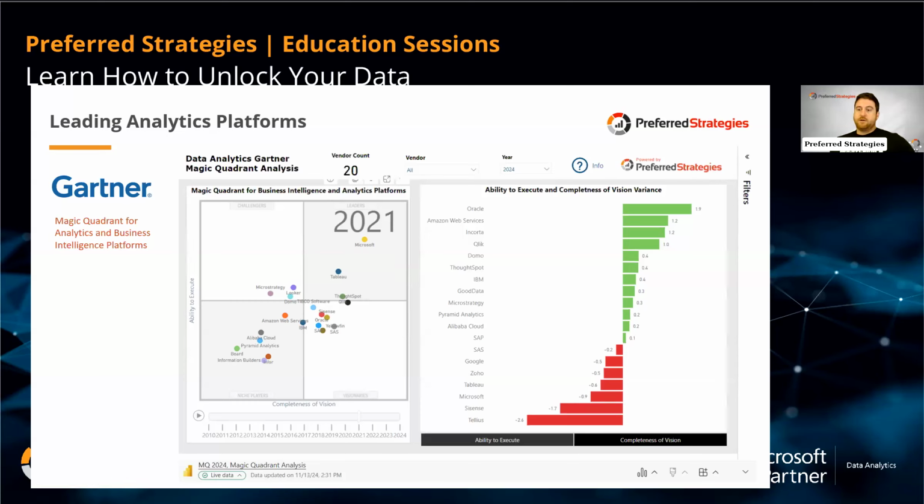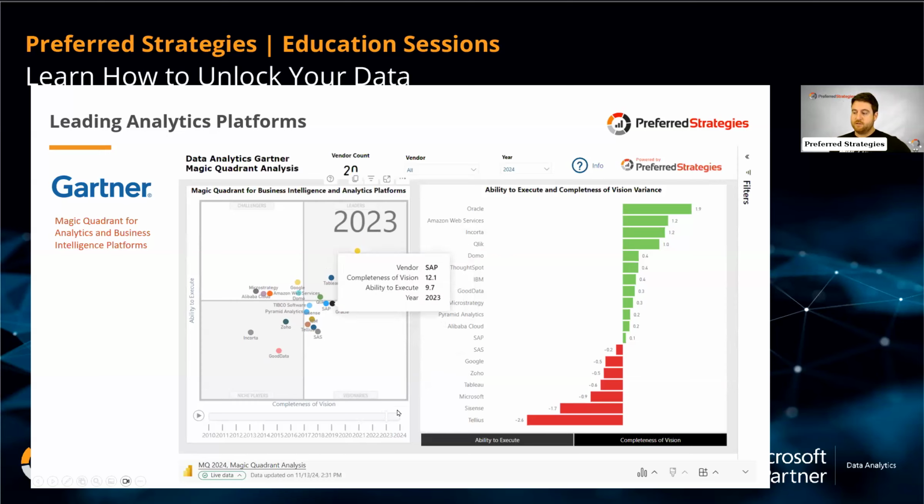Over the past several years, the leaders quadrant was really made up of three players: Microsoft, Tableau, and Qlik. And as I click through some of these, you can see their positions changed within the leaders quadrant, but there weren't any new entries to this quadrant until this year.